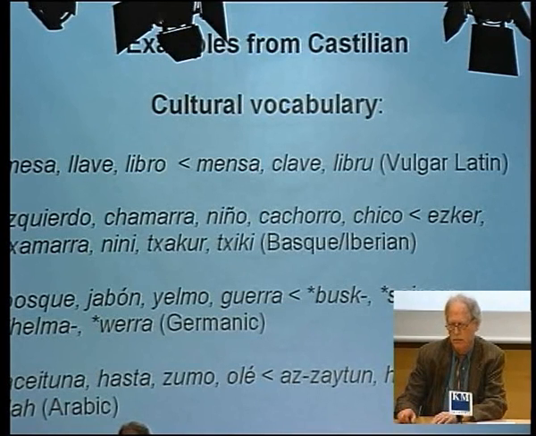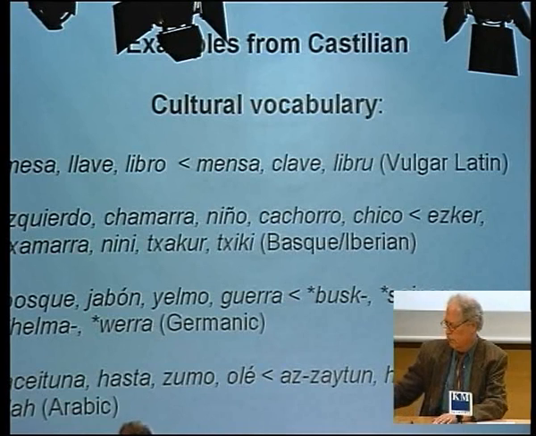And then there's a very big layer that comes from Arabic: aceituna, hasta, azúcar, ojalá, and many others, which came from Arabic during the Moorish occupation of Iberia.